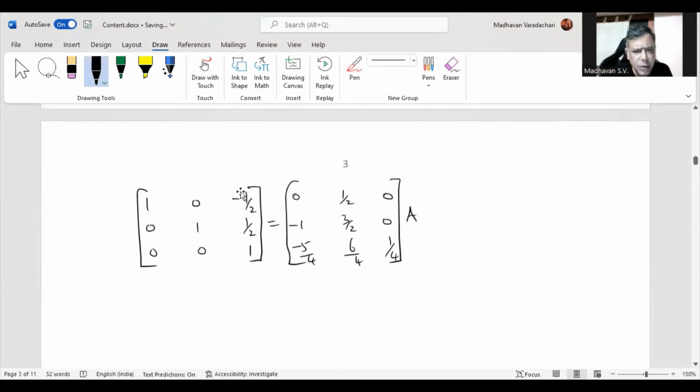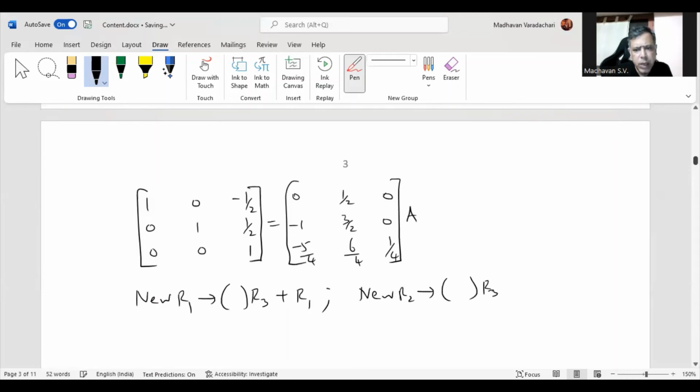Now, next step is to make these two elements as 0. Means we are going to evaluate what will be our new row 1, something times row 3 plus row 1, and then new row 2 will be something times row 3 plus row 2. What is that something? As we already spoke about, if I am targeting this, I have to take the opposite sign of it.